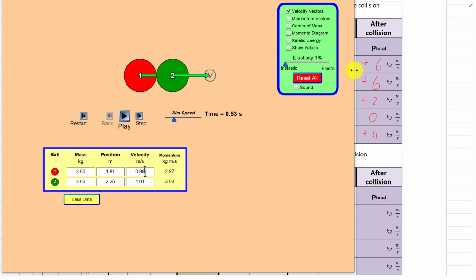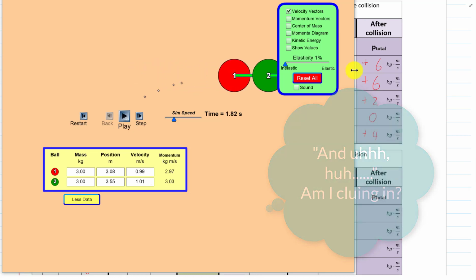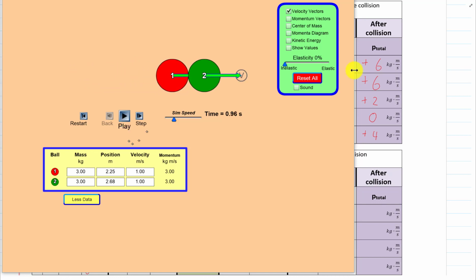They stuck together, and oh, elasticity is not 0, it's 1. 0. Okay, good.